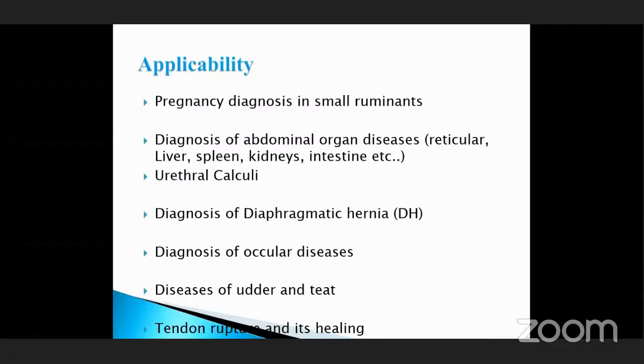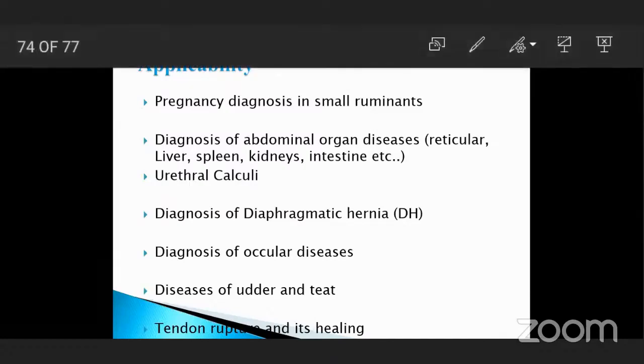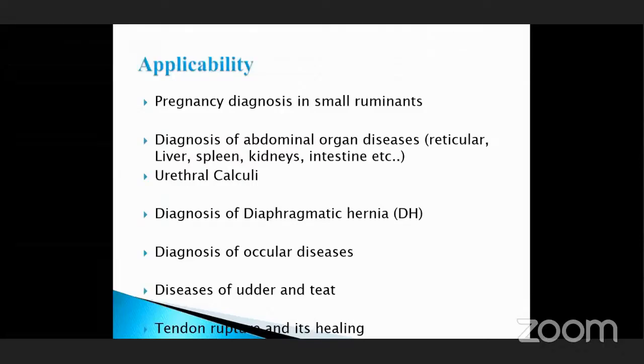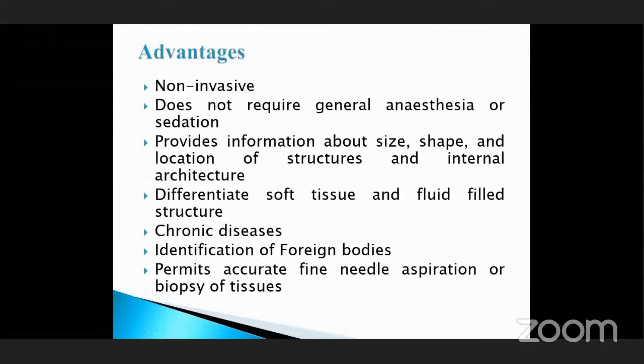Urethral calculi can be diagnosed easily. Diagnosis of diaphragmatic hernia can be done by ultrasonography. Diagnosis of ocular diseases, diseases of adherent teeth, and tendon rupture and its healing can be well appreciated using ultrasonography.